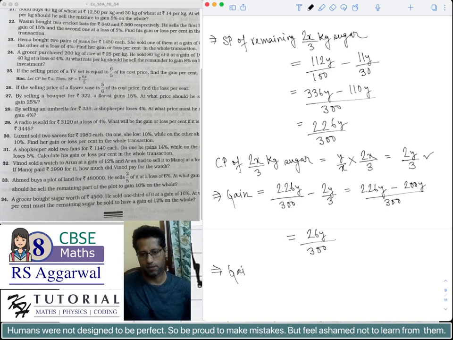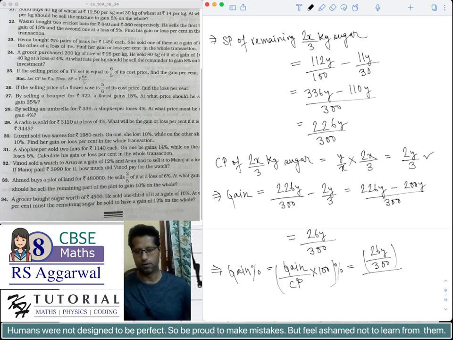So we can say that the gain percent should be equal to gain by cost price multiplied by 100. Now gain is 26y by 300, and the cost price of the remaining sugar, that is 2x by 3 kg sugar, is 2y by 3, multiplied by 100.